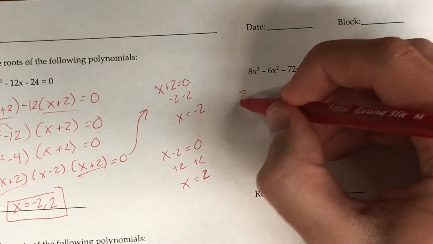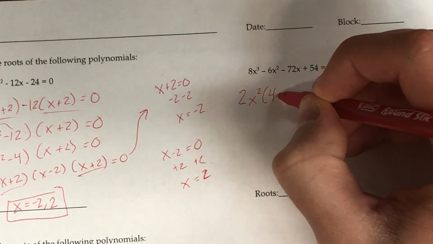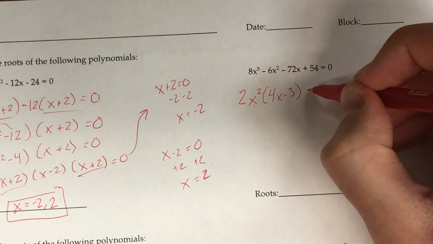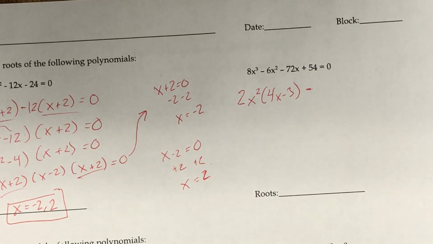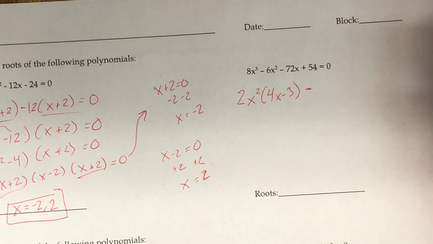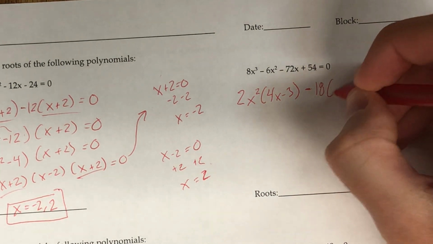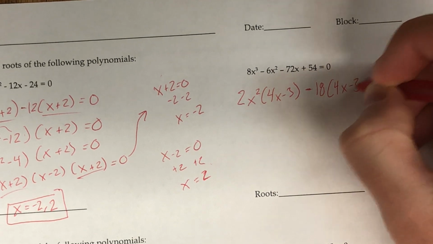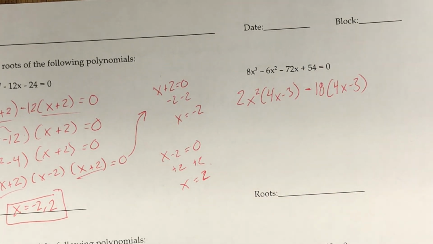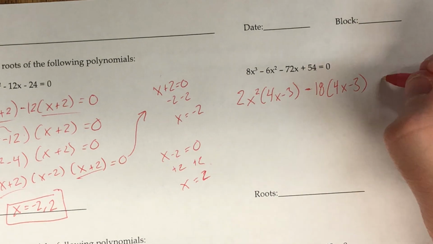So we can factor a 2x squared out of the first to give me 4x minus 3. Negative, what is this one? 16 maybe? Or no, 18? Yeah, minus 18 will give me 4x minus 3. Yep.